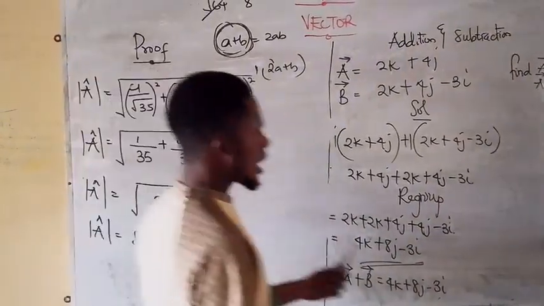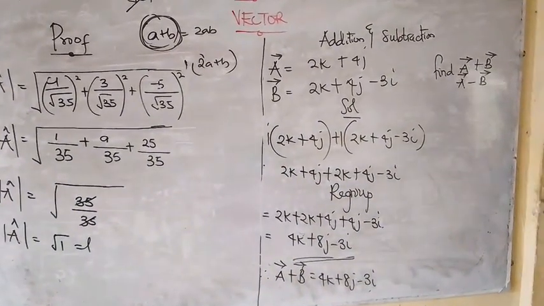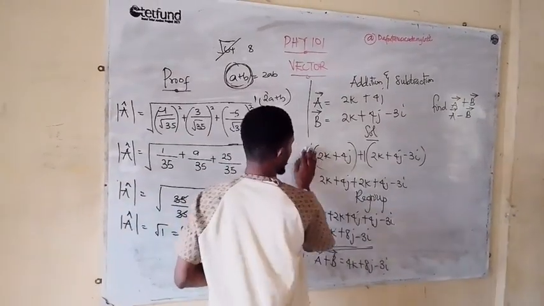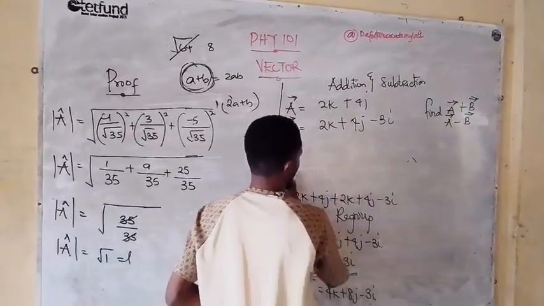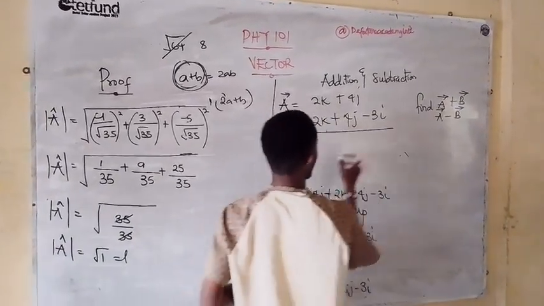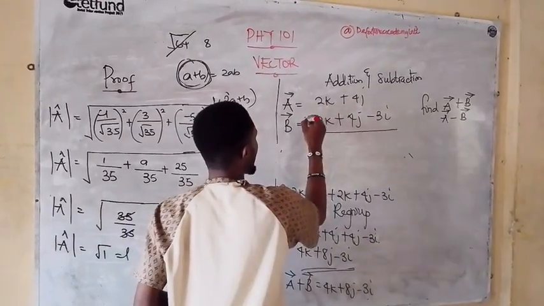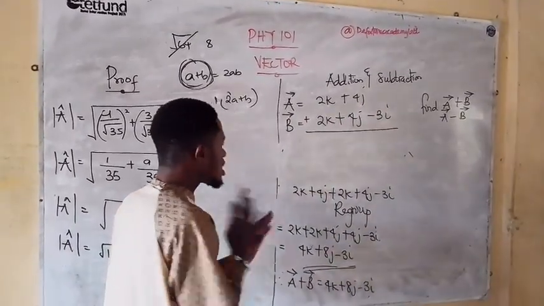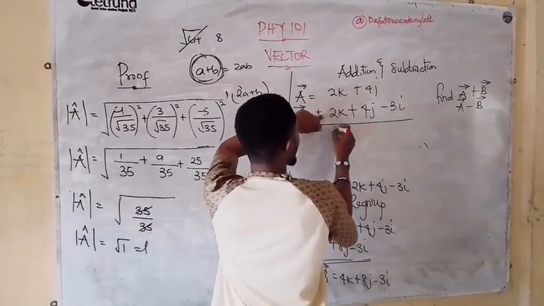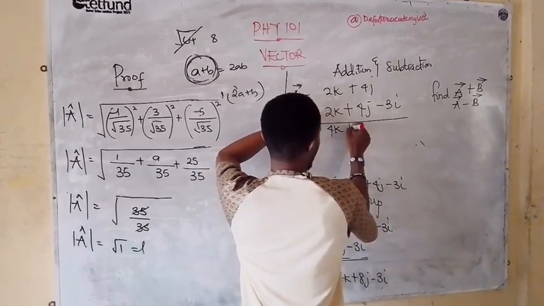Now, how can I get this very short? Please write this down. How can I get this very short? I'll just clean this. Now, I'll use simultaneous. Very simple. From here. What am I doing? I'm adding. I write plus here. Simultaneous, your CBT. Just arrange it in your book. 2 plus 2 here is what? 4. Bring my 4k.